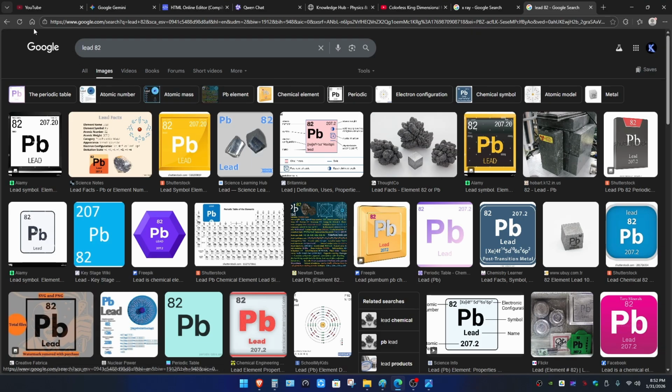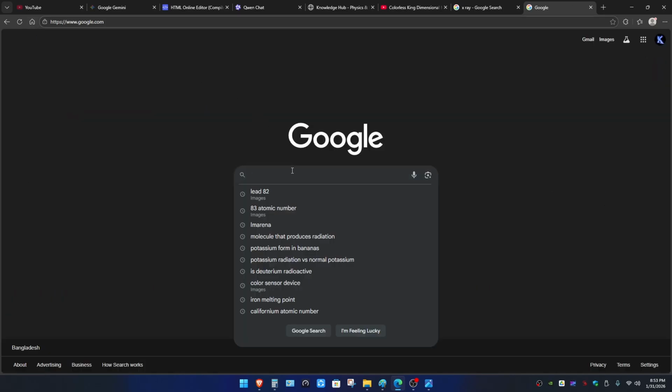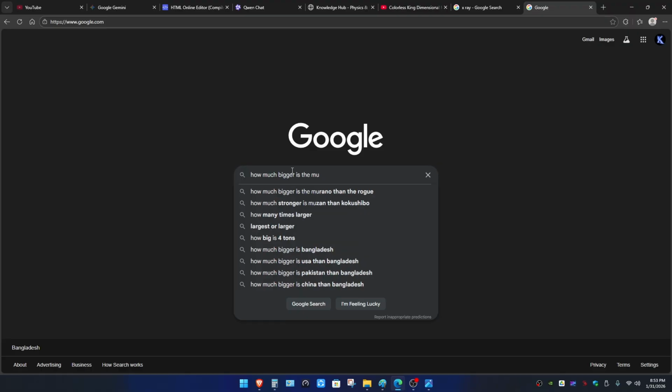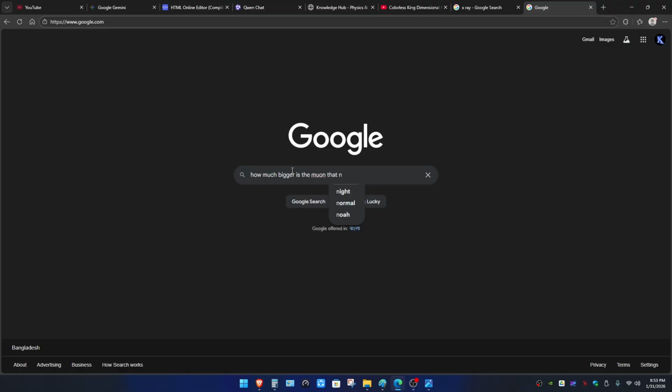Let me check how much bigger the muon is than the electron. Okay, muon is 200.